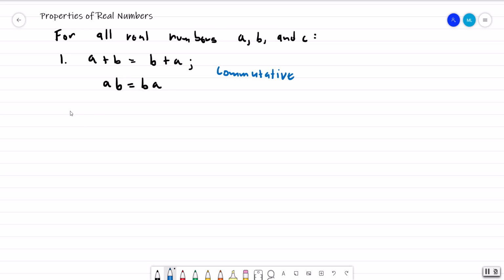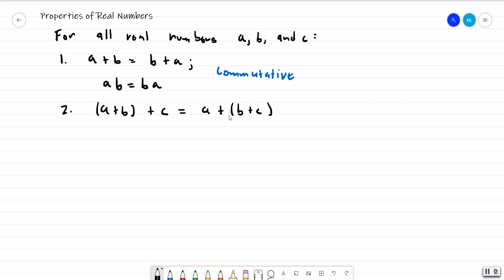Okay. The next property that we can look at is the associative property. So for instance, if I take a plus b, and let's put a set of parentheses there, plus c. What I can do is actually break the parentheses and just add b and c first and then add it to a.